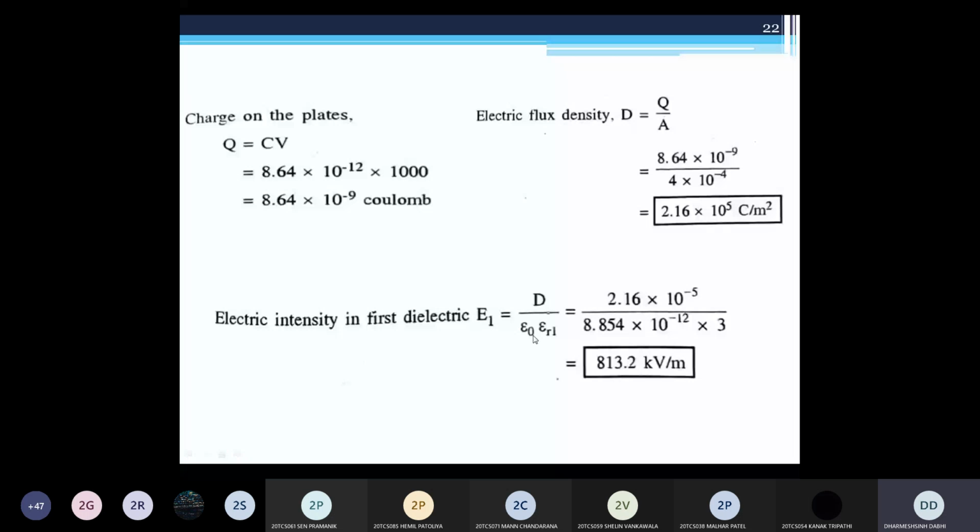That is for your homework. So write down this. First calculate Q, then flux density D, and then find out electric field intensity for first dielectric material. Same way calculate E2 and E3. That gives you 4 homework.